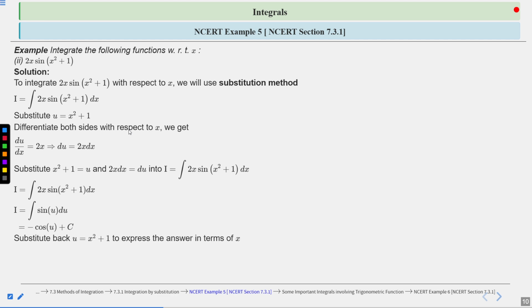Now substitute back u is equal to x² + 1 to express the answer in terms of x. So I will be equal to minus cos(x² + 1) plus c.